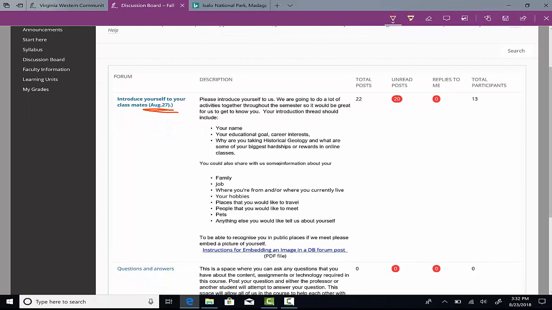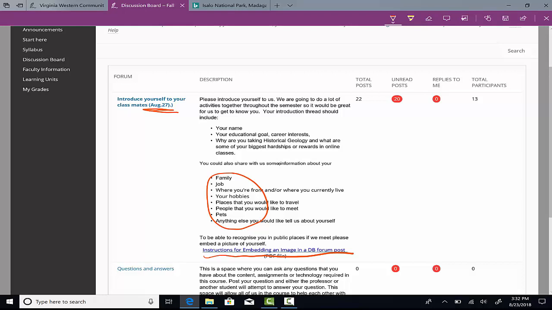So I ask you to do this, and then if possible, you have to put the pictures there. And it tells you exactly how to do that. Now, the reason that I'm asking you to put a picture of yourself is that if I walk by you, I will kind of know who you are, and I will have a face beside your name.